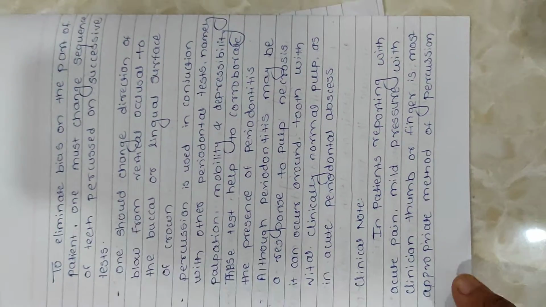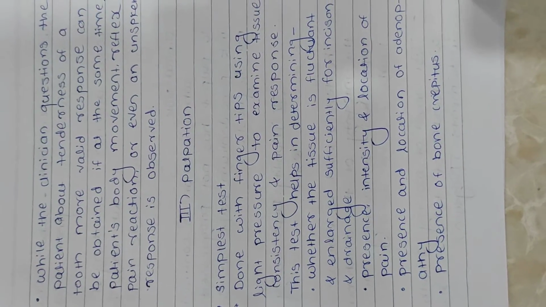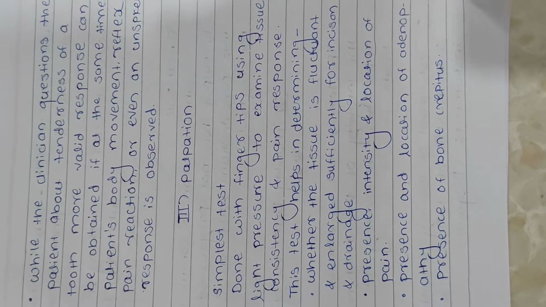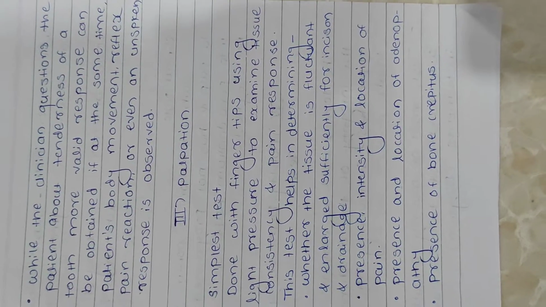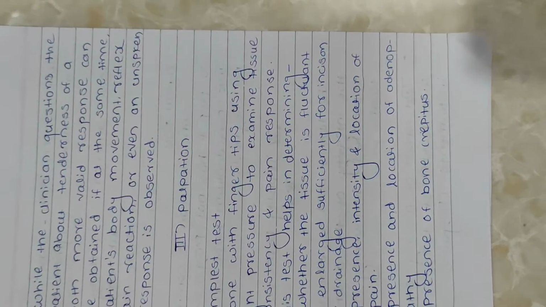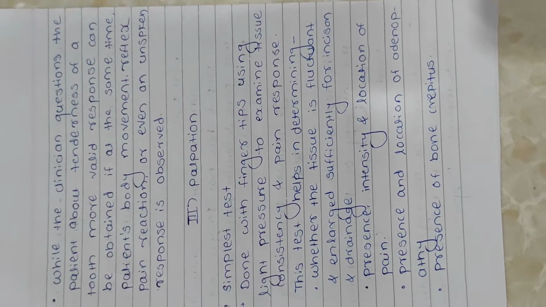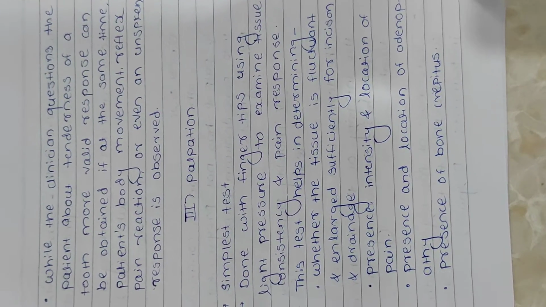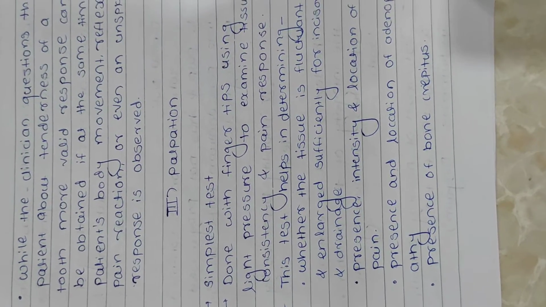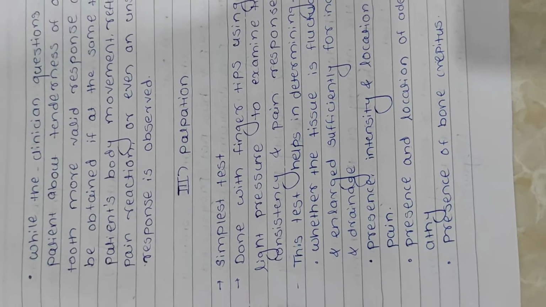While the clinician cautions the patient about the tenderness of the tooth, a more valid response can be obtained if at the same time patient body movement or reflex, pain reaction or even unspoken response is observed. It means when you are percussing the tooth and the patient has some reflexes or body movement, it is the most confirmatory sign for us that the patient is having pain in this specific tooth only.